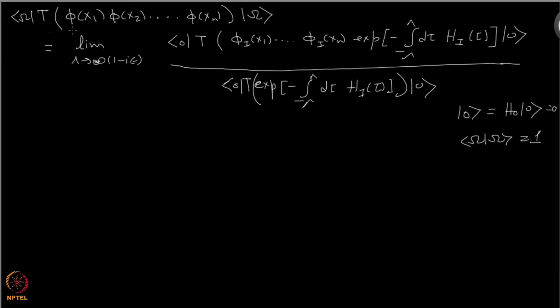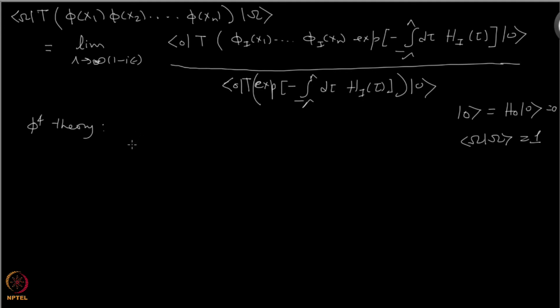So in the previous expression, in the previous time, you had in the denominator this object, and that I have put to 1 now. Okay. And for phi 4 theory, the exponential here is this phi 4 term.